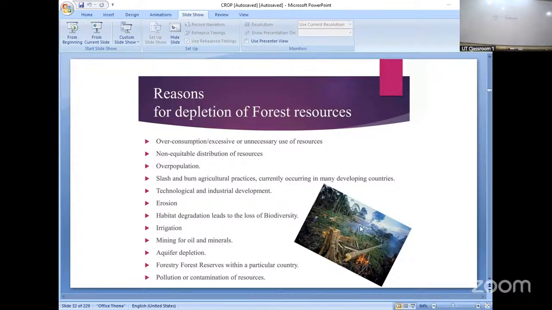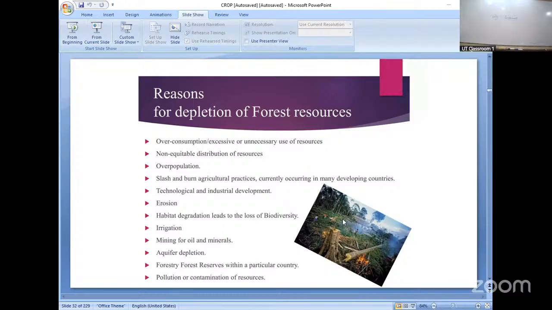Apart from this, overpopulation means obviously we need space, right? And for industrial development, technological development, forests have been cut. Even for the airport, definitely they have cut the forest, right? So these are the causes of depletion of forest resources.